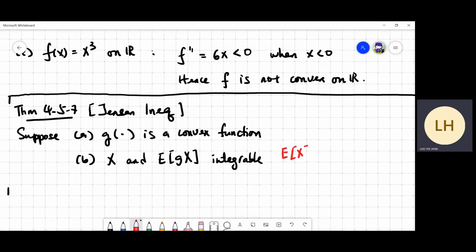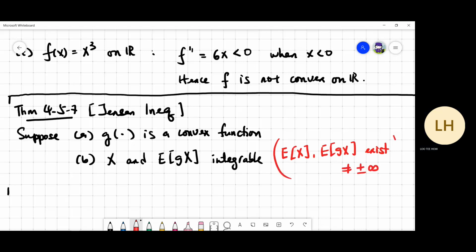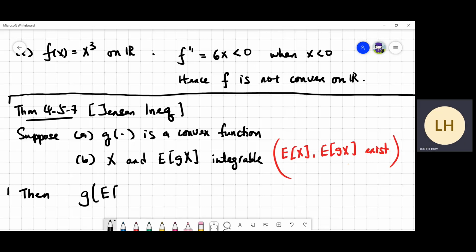That means both E[X] and E[g(X)] exist. Exist means they are not plus or minus infinity. So once we have these two hypotheses, then we can have this inequality: g(E[X]) is less than or equal to E[g(X)].